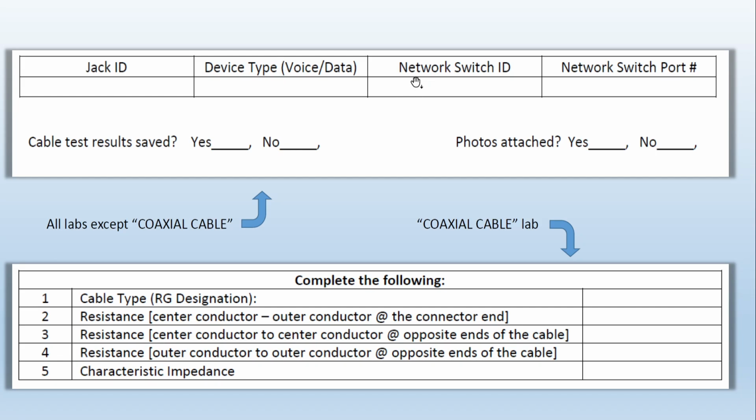Okay, then network switch ID and network switch port. When the wire from the garden center goes to the IDF, which stands for intermediate distribution frame, which is a closet that contains network switches, sometimes the IT companies want to know which switch was used because sometimes the switches are cascaded.